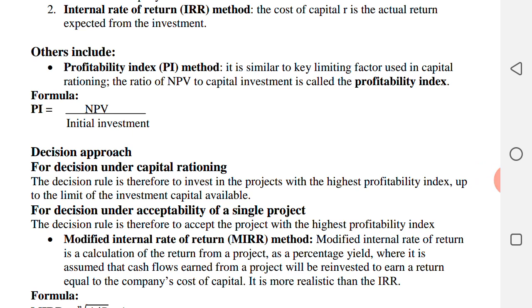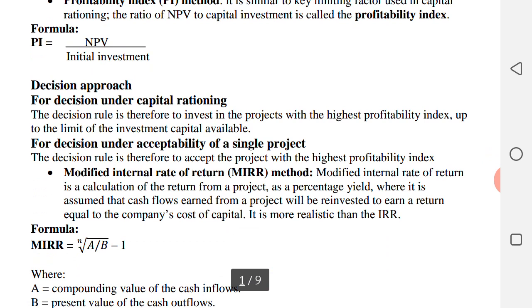So we will now ration based on the capital that is available for that company. How will you know which ones to invest in? By using this PI. Now, the decision approach. How are we going to make a decision?